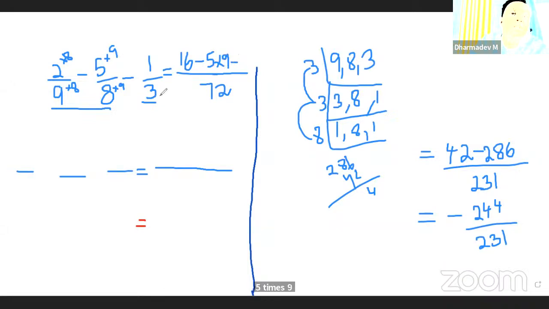Minus, 3 times what is 72? 24. So I'm multiplying this by 24. So negative 1 times 24 is negative 24.